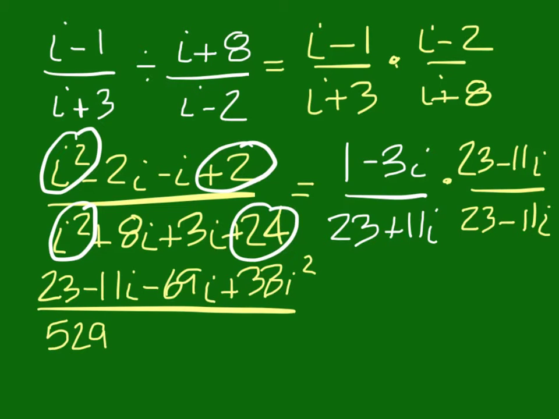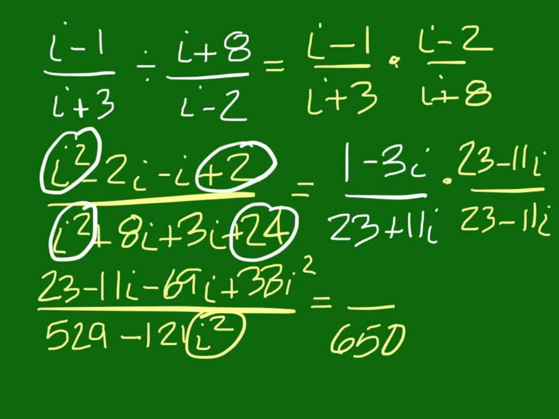And then 11 squared is 121. And we'll have i squared. Alright, let's do the bottom first. That's a negative 1. So it makes it a plus, double negative. So 529 plus 121 is 650.